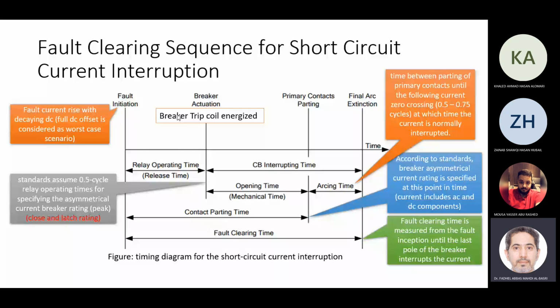So from this moment till the contacts, I have mentioned there are primary contacts and arcing contacts, once the contacts are physically open, okay, this is called the mechanical time of the circuit breaker.